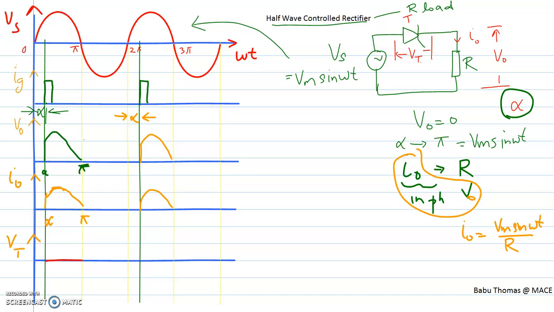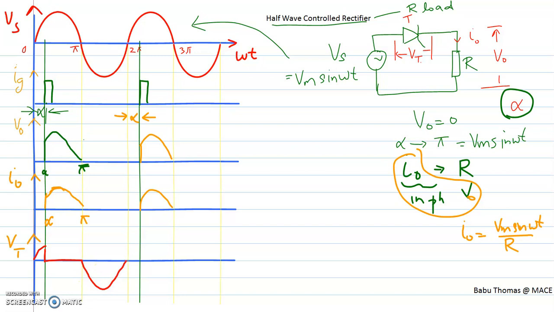From 0 to alpha, the thyristor is in the off condition and therefore the entire voltage across the thyristor is nothing but your input voltage. From pi to 2 pi, the device is reverse biased and therefore the thyristor is in the off condition, and the thyristor voltage is nothing but your supply voltage.